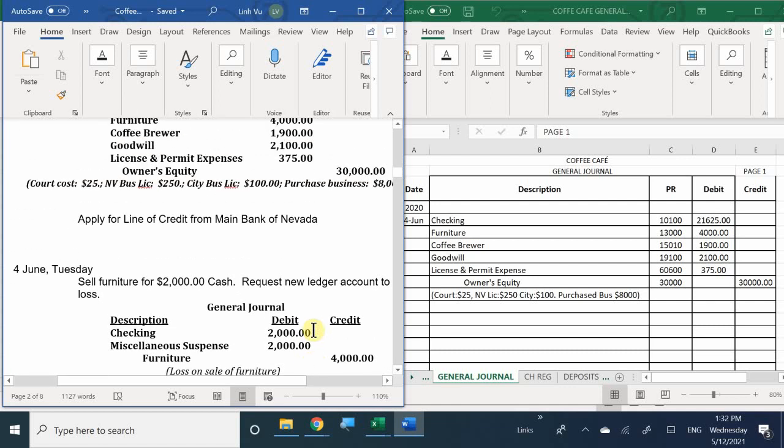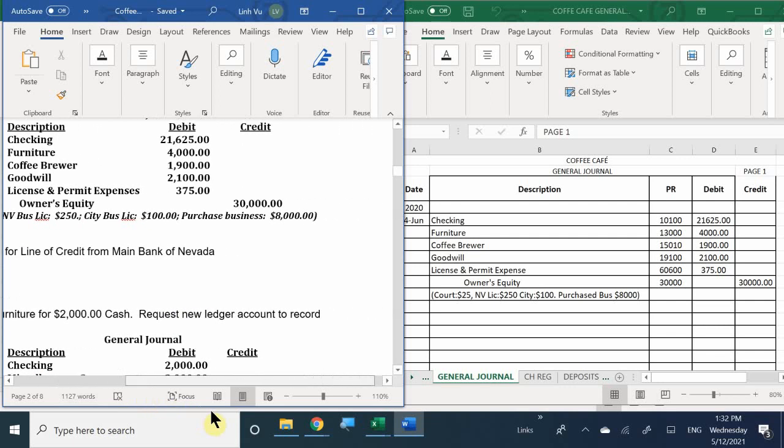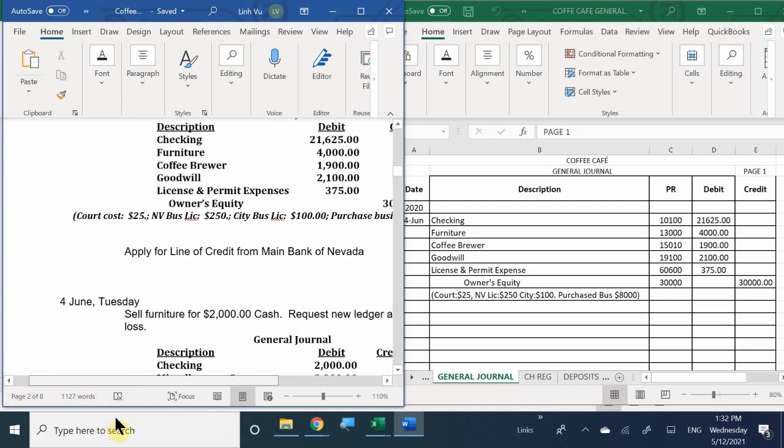So then the very next transaction says here, now we're still on the 4th of June on Tuesday. We decided to sell our furniture for $2,000 cash. And once again, we're going to request a new ledger account to basically record the loss.